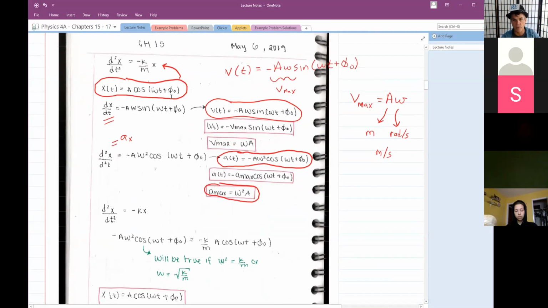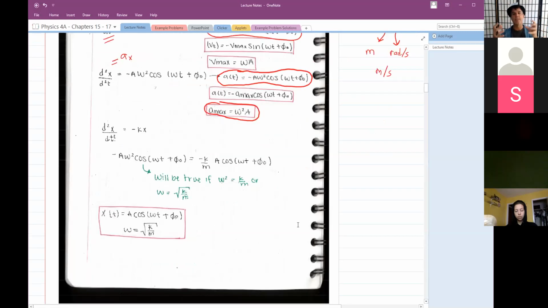If I take a derivative of position with respect to time, I get an equation for velocity with respect to time. If I take a derivative of velocity with respect to time, I get an equation for acceleration with respect to time. So right now, we haven't actually been specific about this system being a spring connected to a mass.